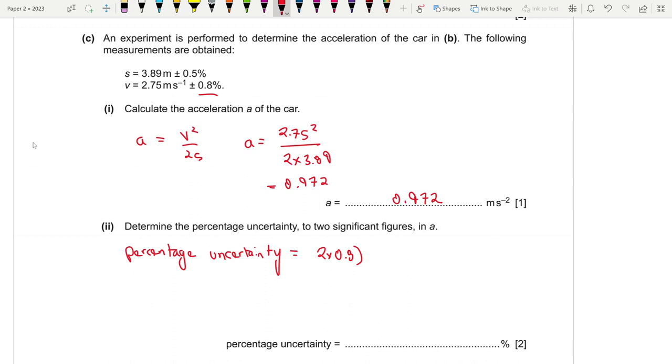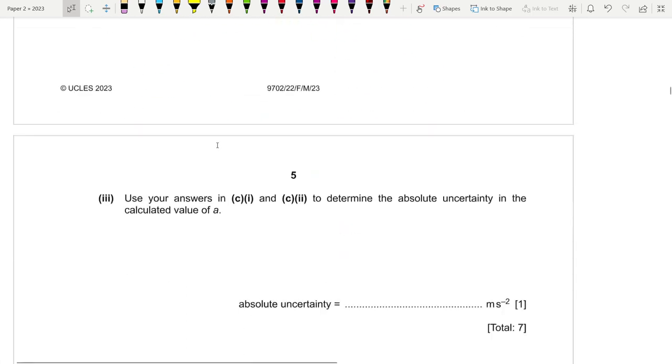If it was cube, we'd consider it 3 times, 3 into 0.8. But since it's square, we do 2 into 0.8 and followed by added by 0.5% for s. That gives us a value of 2 times 0.8 is 1.6 plus 0.5 is 2.1% to two significant figures. Okay, and I'm ignoring 2 since 2 is a constant, it has no uncertainty.